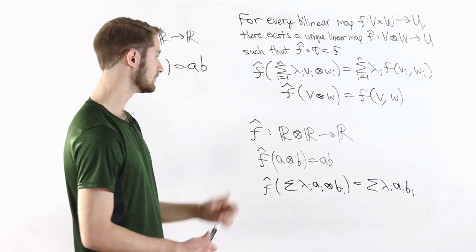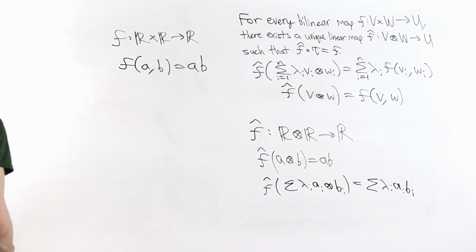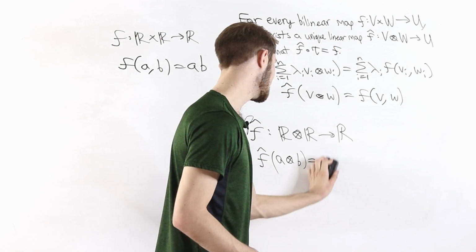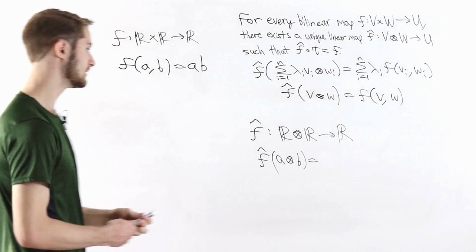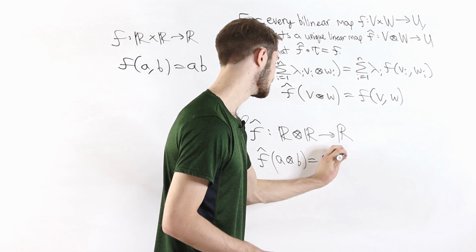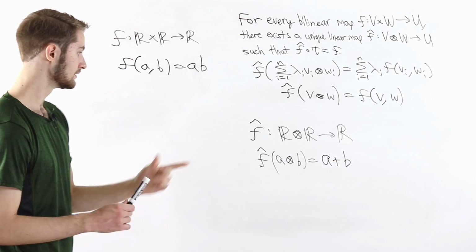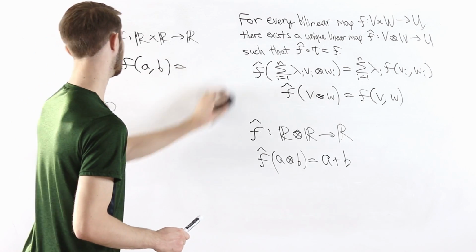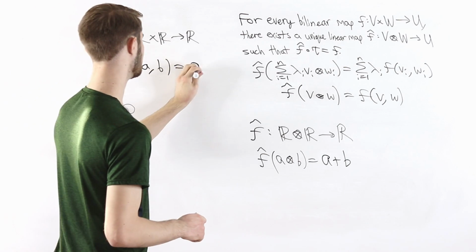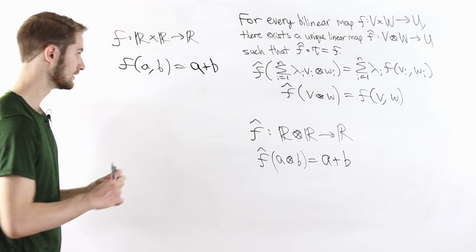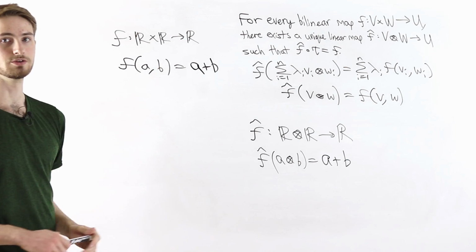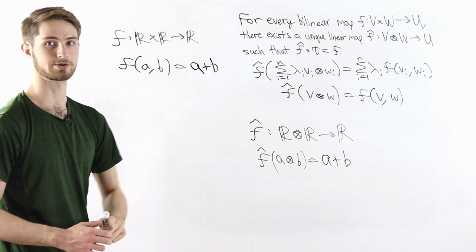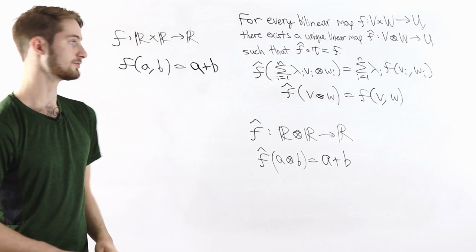Let's look at an example where this doesn't work. Suppose that instead of f hat of a tensor b equals a times b, we use the example from the beginning of the video, which is a plus b. So in this case, the map that we want to define on R cross R is f of a comma b equals a plus b. And in order to use the universal property, we need a plus b to be a bilinear map on R cross R. But you can check this for yourself.